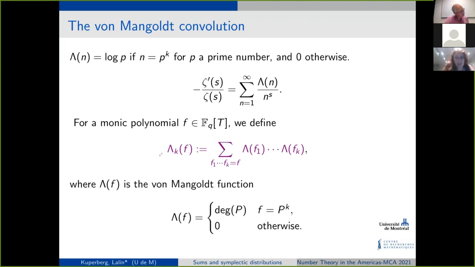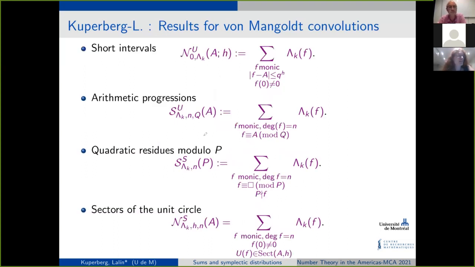And by convolution, I mean exactly the k-fold convolution of the von Mangoldt function. It's important to keep this in mind because there are several versions in the literature that are slightly different, depending on different needs that people have. So in this direction, we actually study all these problems.